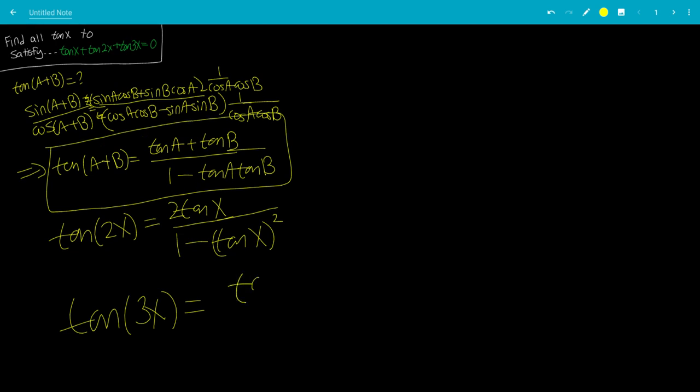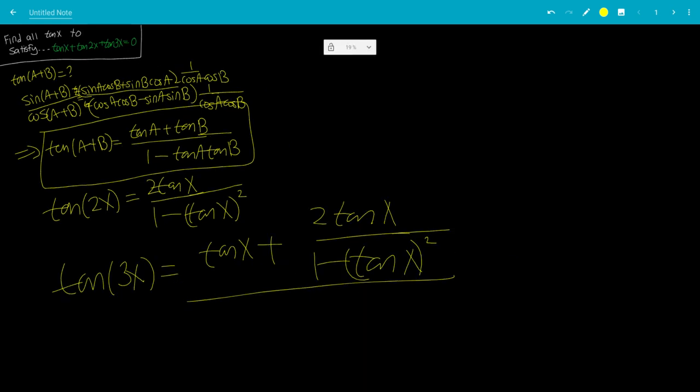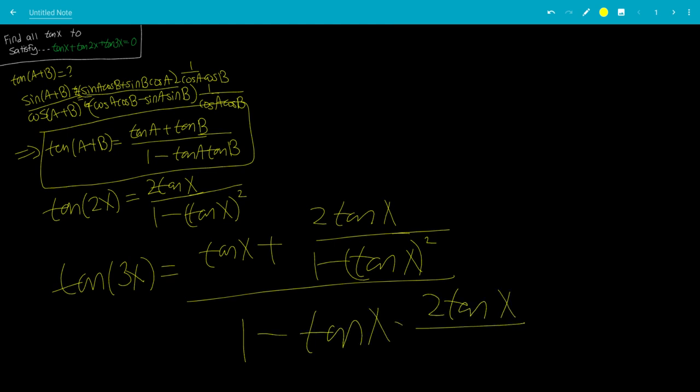So you get tangent x plus tangent 2x, but we know that that is 2 tangent x over 1 minus tangent squared x, all over 1 minus tangent x times 2 tangent x over 1 minus tangent squared x.